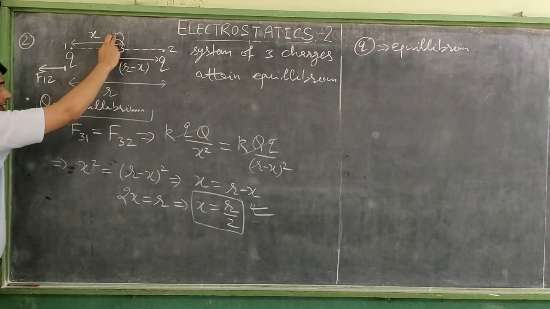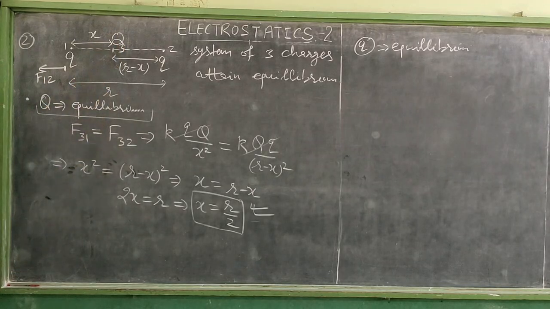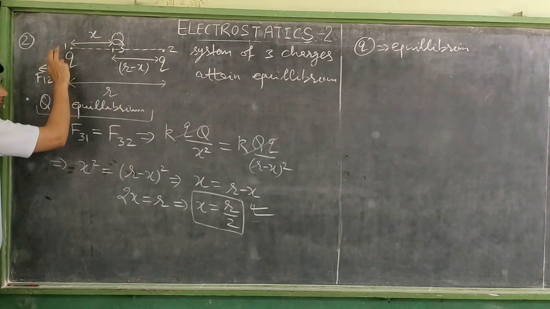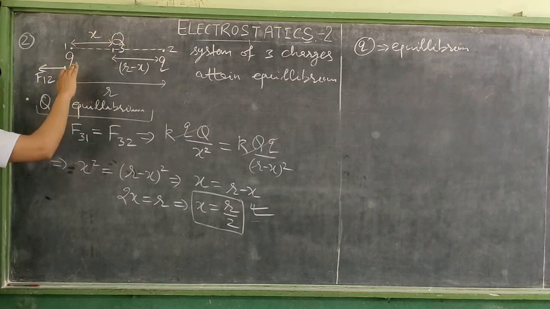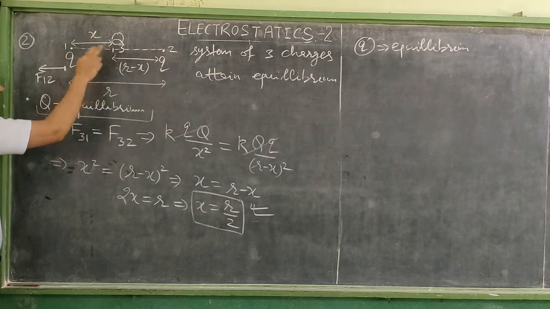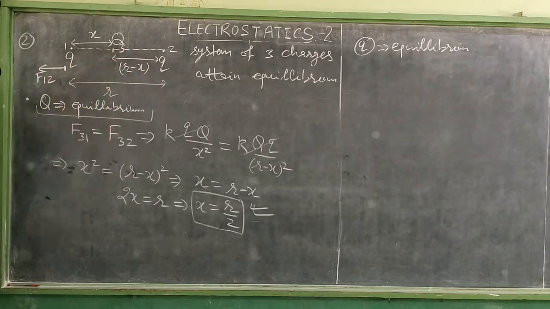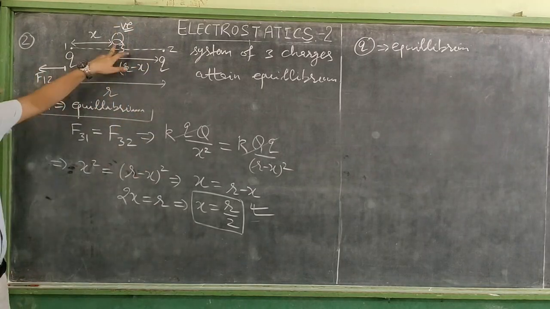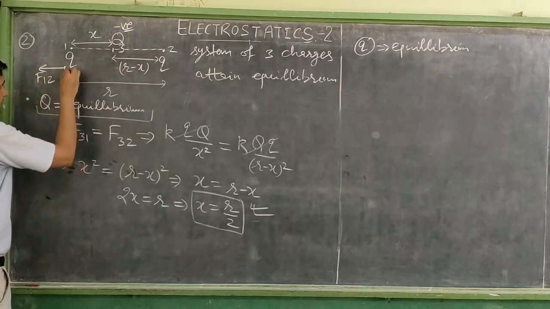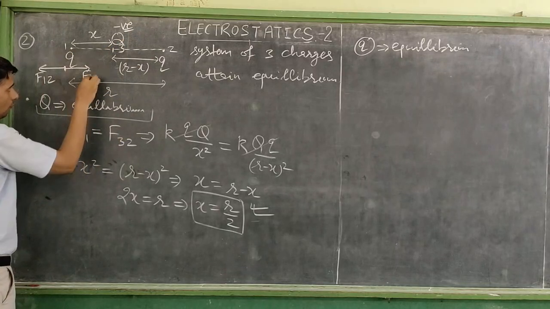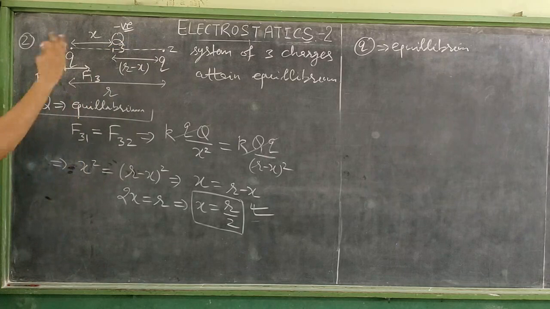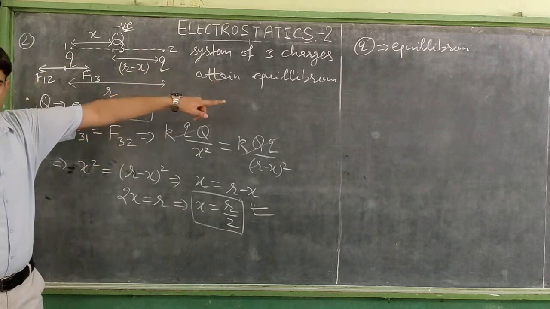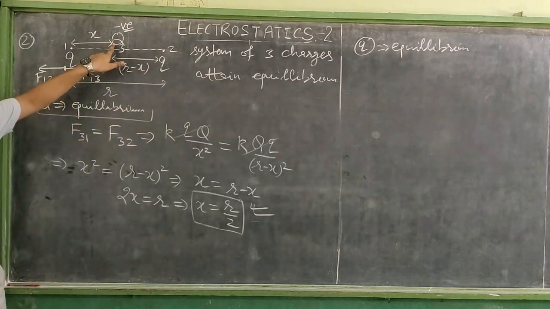So the polarity or nature of capital Q, the sign of capital Q, should be such that the force on the first due to the third should be on the right side. So when can it be? This is positive, so this should be negative. Correct? So the polarity should be negative. Immediately we can say that the force on the first due to the third will be on the right-hand side and surely it can balance this F12. So this concept we will use for finding the magnitude of this third charge.